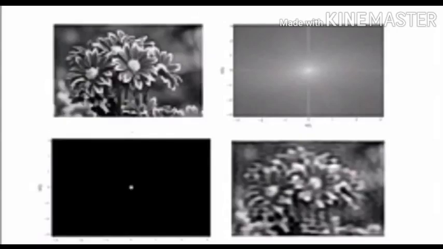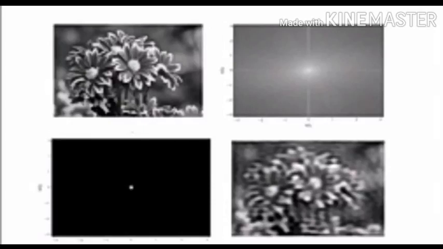Here on the top we can see a Fourier transform of some images of some flowers, and on the bottom left we have taken the Fourier transform.